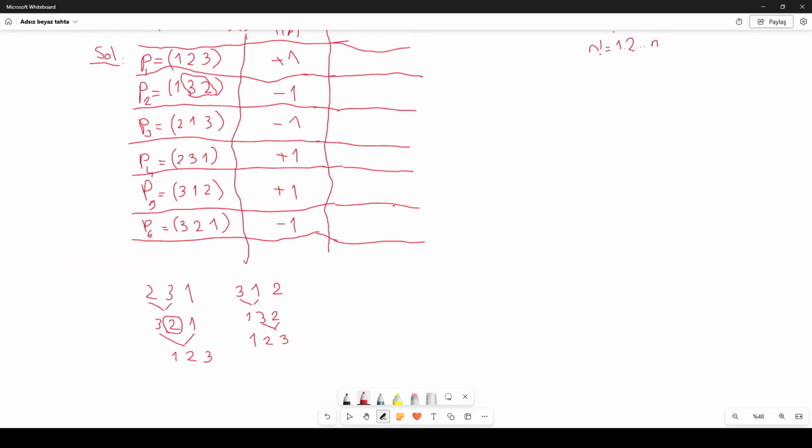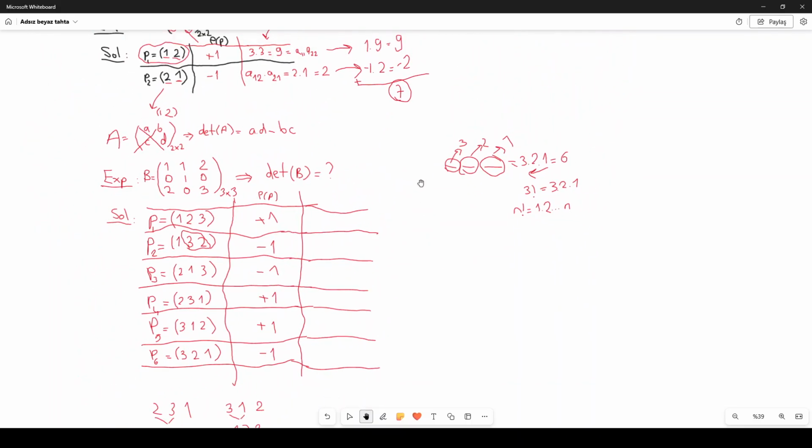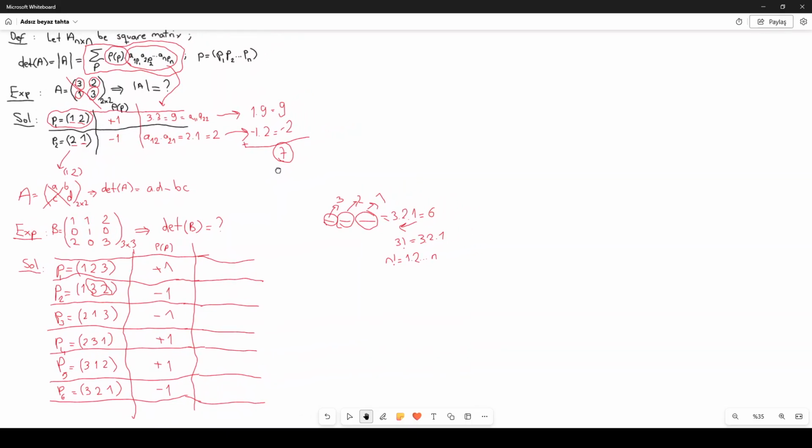Alright. Now, again, let's remember the definition, guys. The third column corresponds to the multiplication of the entries, right? So I will write these entries here. For the first one, what do I have? I have a11, a22, and a33.